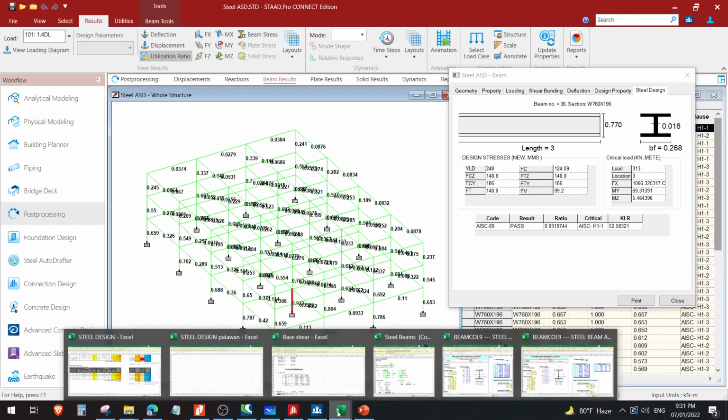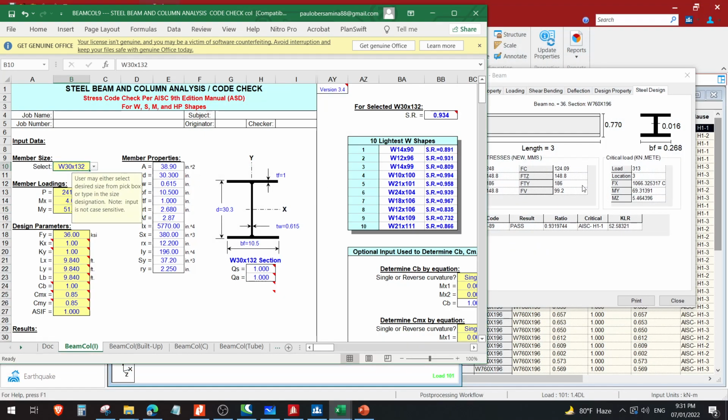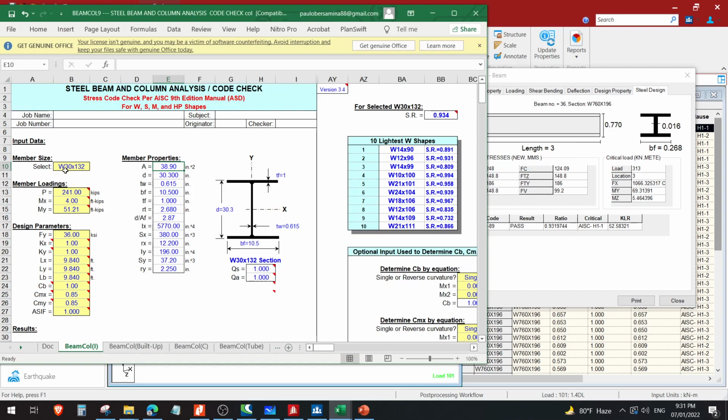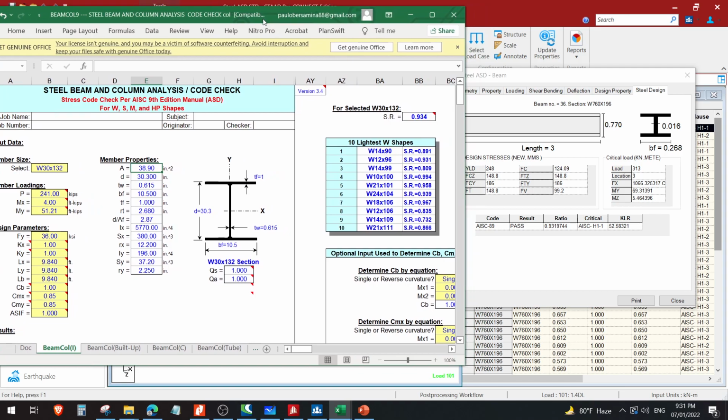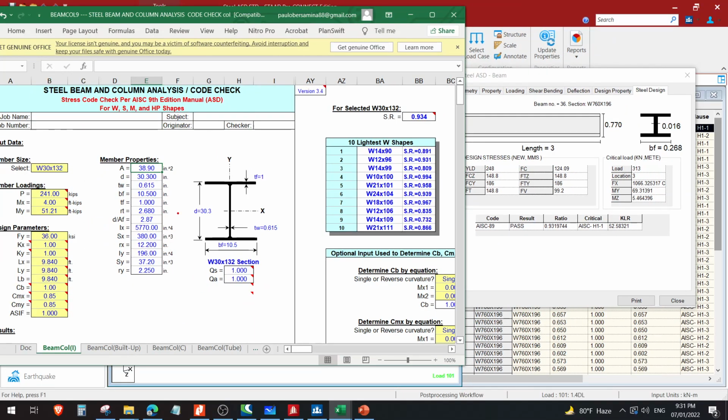Okay. Then, proceed naman tayo sa spreadsheet ulit. This time for the column. So, same section naman. So, na-verify na natin yan. Ito pa rin yun. No? Let's just input yung mga forces. So, here, ang nag-govern naman sa kanya ay load 313. So, yung actual niya is FX 1066.32.